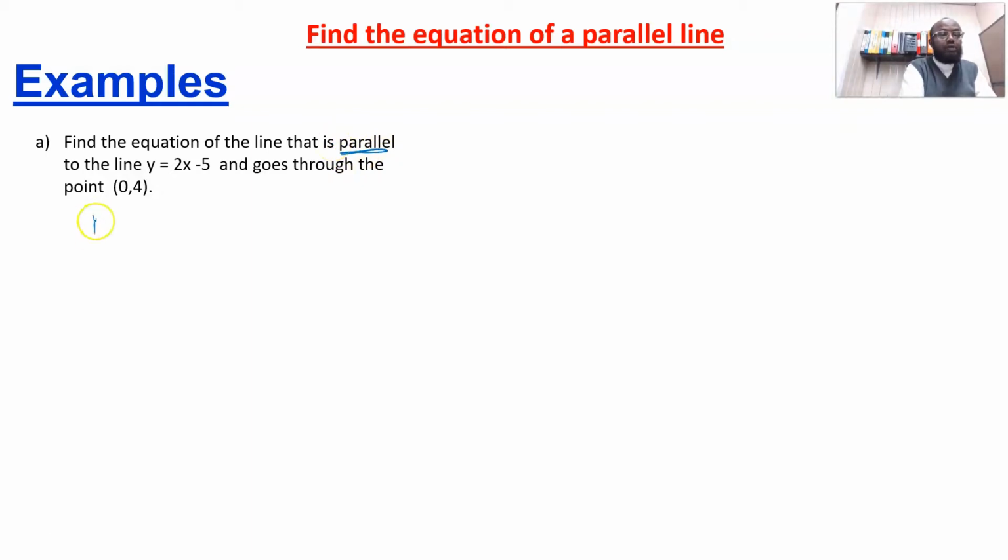Because they are parallel, we say m1 is 2. So the gradient of the line which I'm trying to find is also 2, simply because they are parallel. And now we need the intercept, and the intercept is 4, because at (0, 4), x is 0, so that's the y-intercept. So we end up with the equation y equals 2x plus 4.